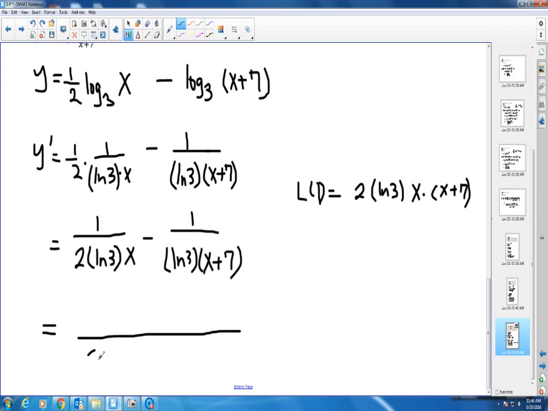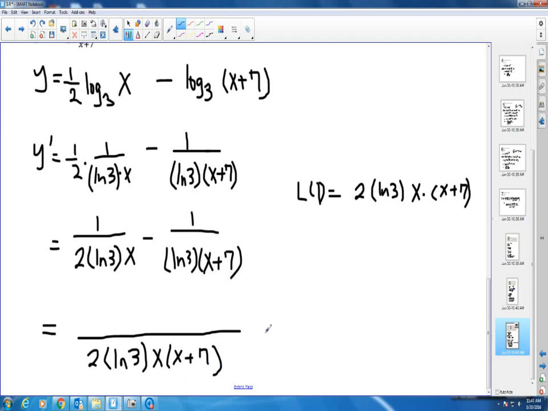Now I'm going to write it a little neater. It'll be 2 times natural log of 3, and I'm going to put x right here, because natural log of 3 times 2 is a constant, times x plus 7. So 2 natural log of 3 times x goes into my LCD, and we multiply by x plus 7.